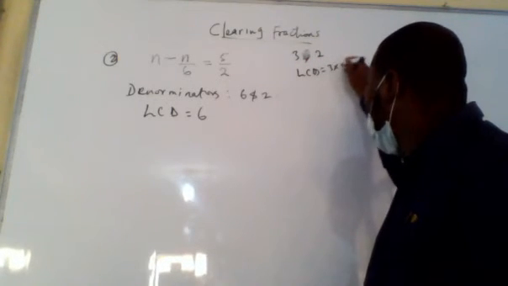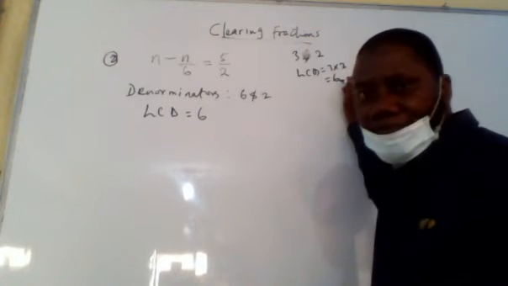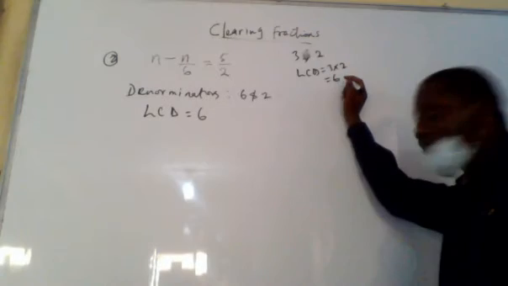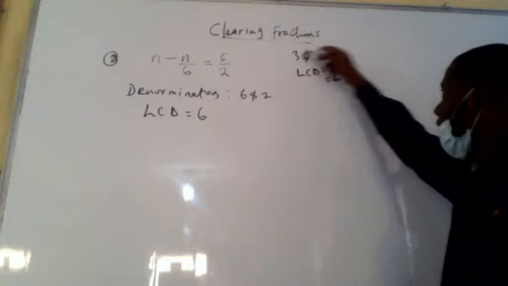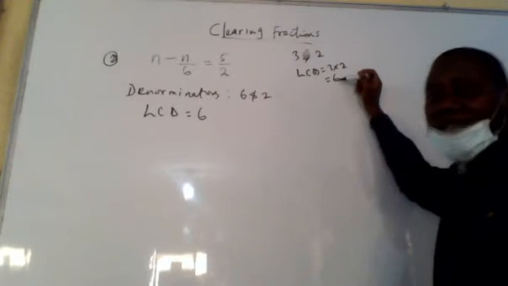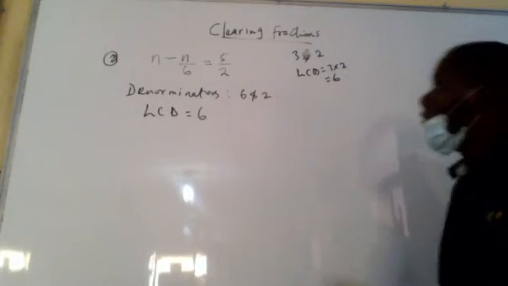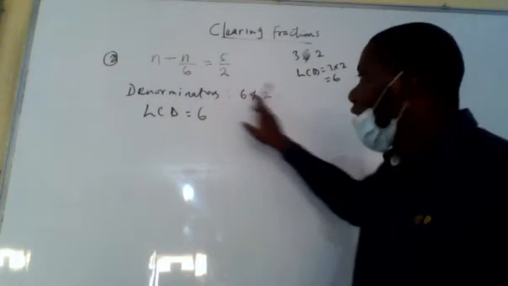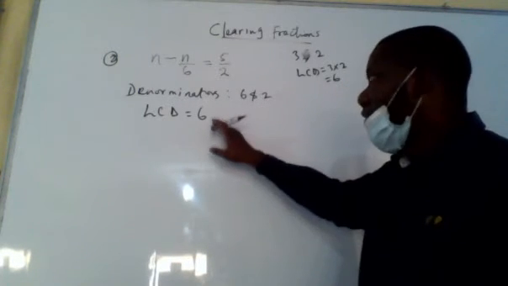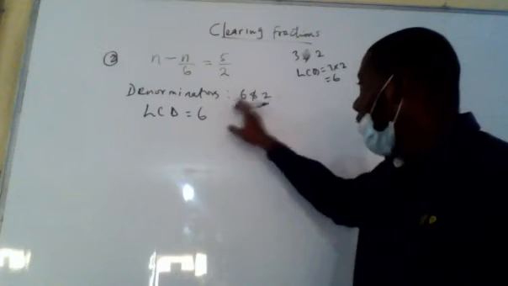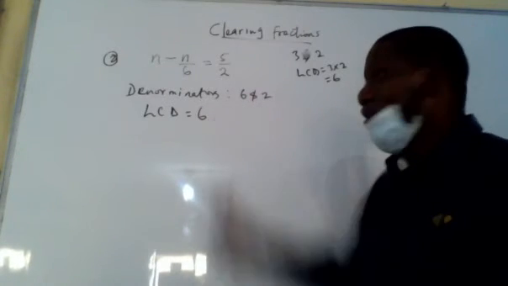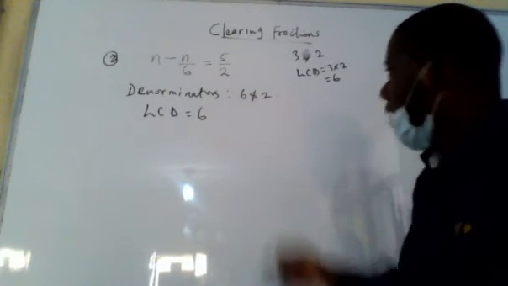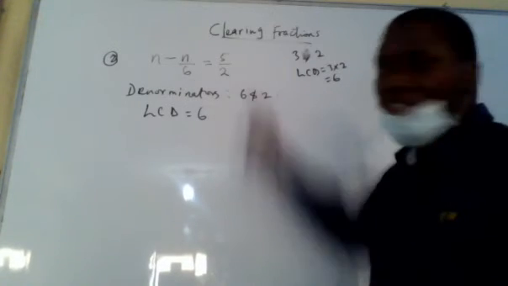LCD is 3 times 2. That will give us 6. And then the LCD of 3 and 2 will be 6 in this case. But in this case, where we have 6 and 2, the LCD is 6, because 6 can go into 6 and 2 can go into 6. So what's the next step? We use this 6 to multiply each term there.